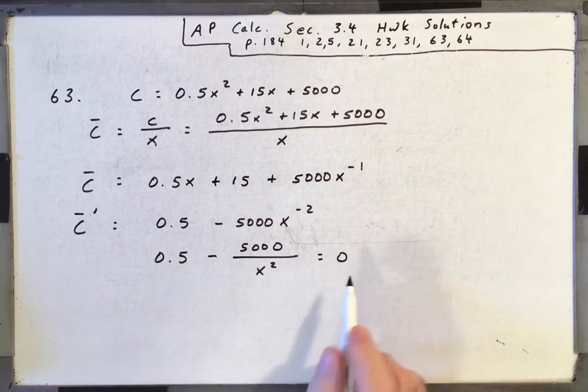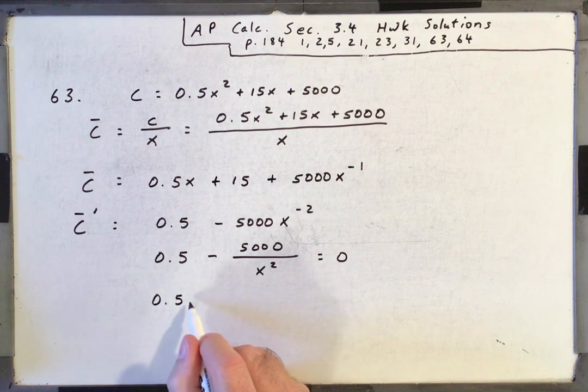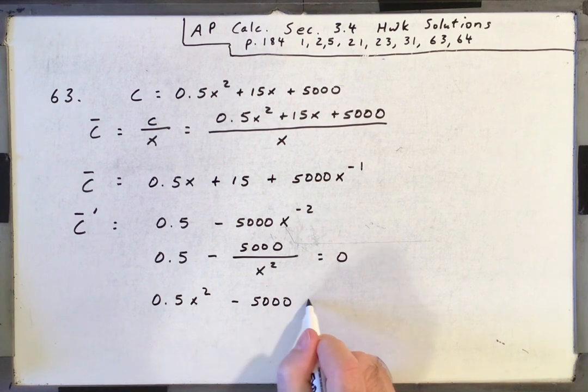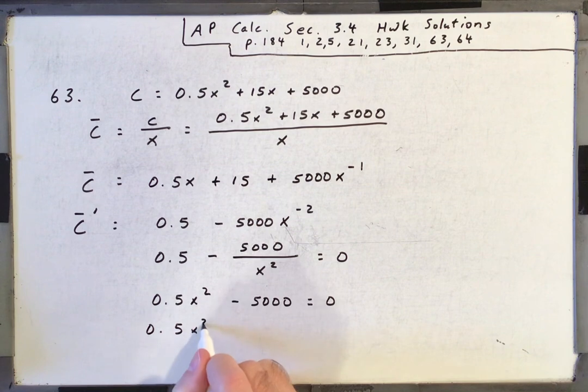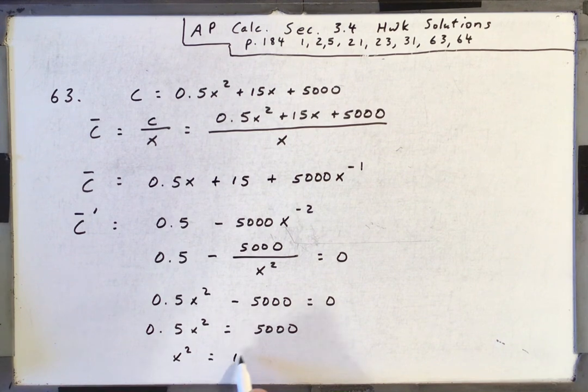Let's multiply both sides by x squared, and I'd have 0.5x squared minus 5,000 equals 0. So 0.5x squared equals 5,000. x squared equals 10,000. So the square root of 10,000, x is 100 units.